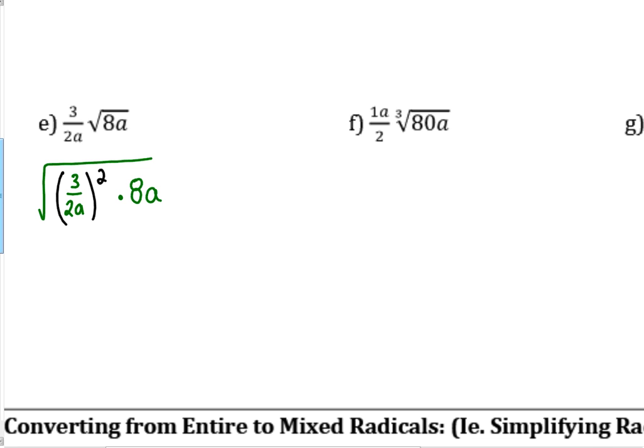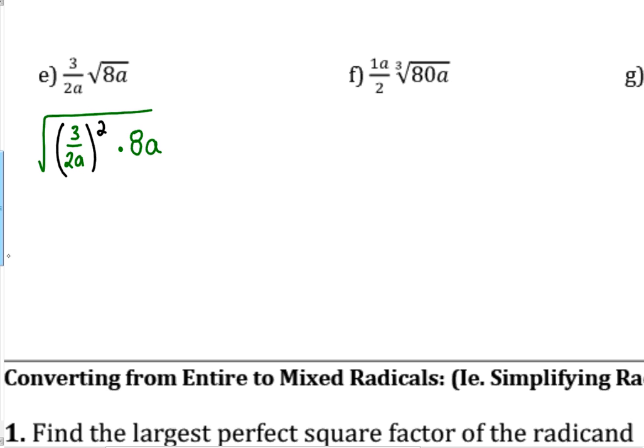This is exponent laws, first unit of grade 10. It's been a while, though, especially if it was first semester. 3 squared, 9 divided by 4 and a squared. We square everybody. If we're going to square an expression like that, you square everything that's inside.